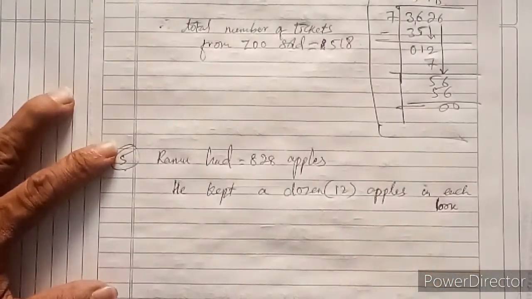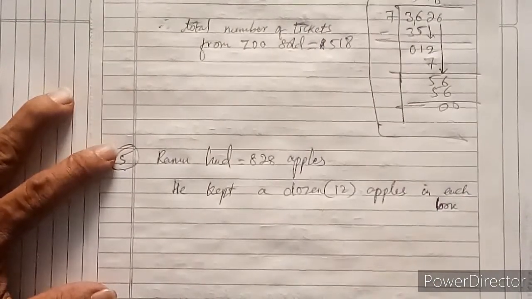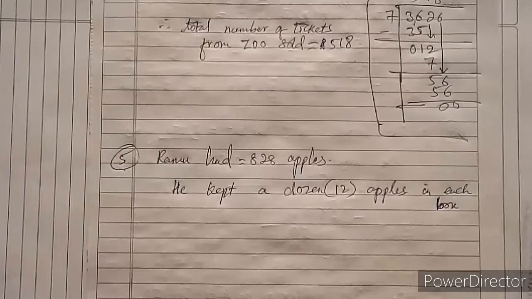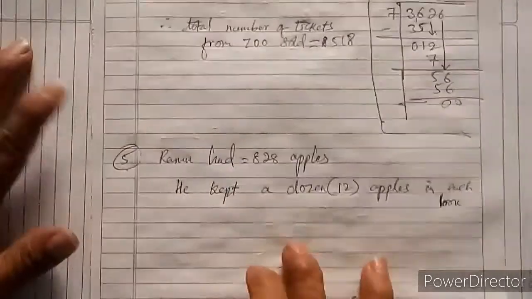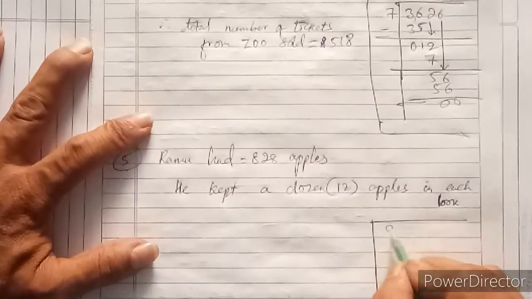Now what we have to do, he is asking how many boxes he sold. It means he has to fill the boxes. How many boxes? So we have to divide that one by the long division method.